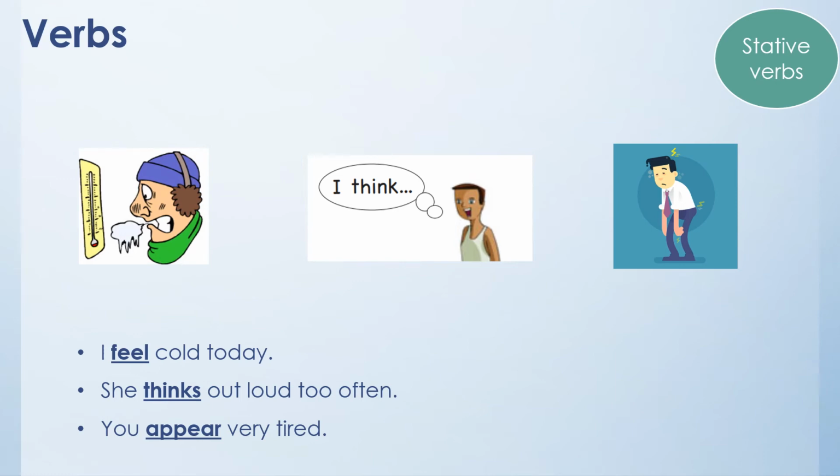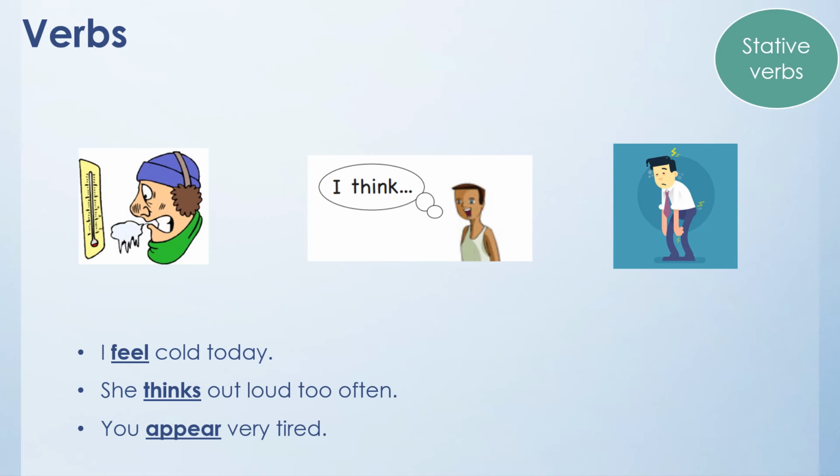For example, to agree, to believe, to doubt, to guess, to imagine, to know, to mean, to recognize, to remember, to think, to understand, etc. Or feelings and emotions like dislike, hate, like, love, adore, prefer, want, wish, or senses and perceptions like to hear, to look, to see, to smell, to taste, to appear, to seem.